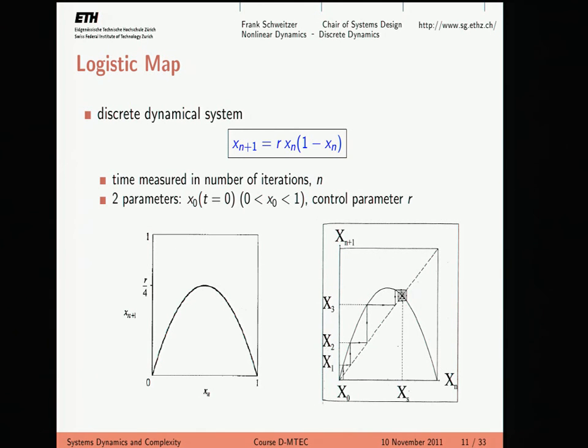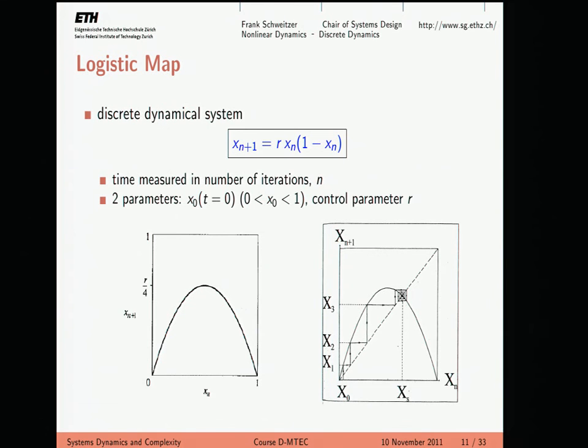More interesting is this picture here. Let me explain how we do it. This basically gives you a graphical intuition of how that system would develop over time, how the xn would develop over time. So we start with some random x0, some initial condition.